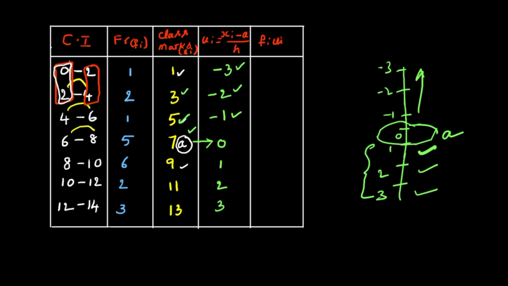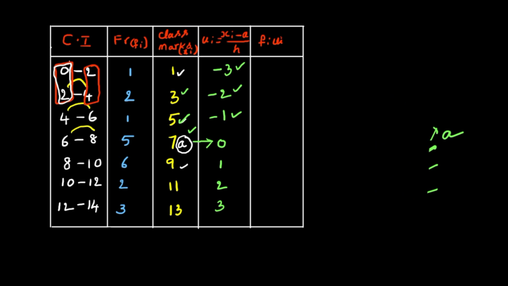Okay, so next one is ui, fi ui, right? This is the heart of the problem. And how to find out this fi ui? fi is frequency, ui is this one, right? Minus 3. Now you can multiply 1 into minus 3. What you will get? Yes, that is 3, minus 3.